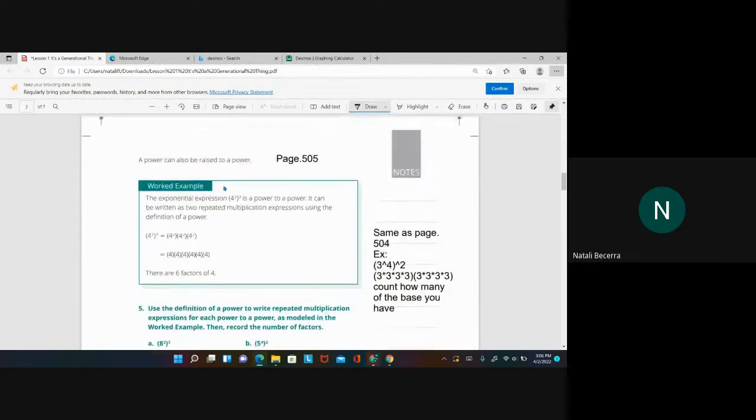All right, go to page 505. And right here, if you want to look at the worked out example, it says the exponential expression 4 to the power of 2 and then to the power of 3 is a power to a power. Anytime you have a power on the inside and then an exponent also on the outside, you have to rewrite it like this.